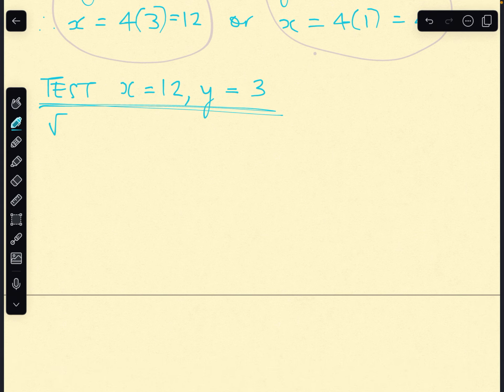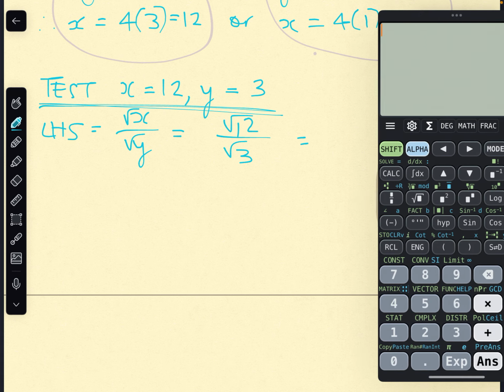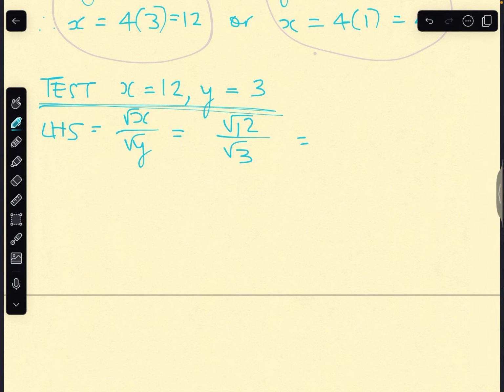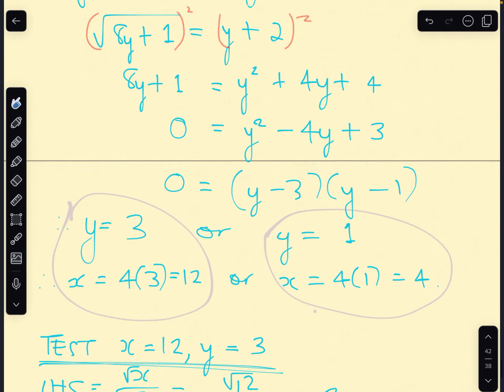The LHS is the square root of x over the square root of y, so that is the square root of 12 over the square root of 3. You can just punch that into your calculator if you're not in the mood to simplify surds, and that is 2. And the right hand side is in fact 2.